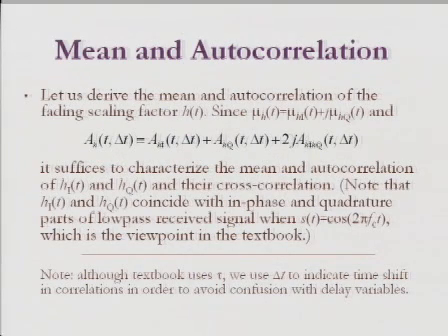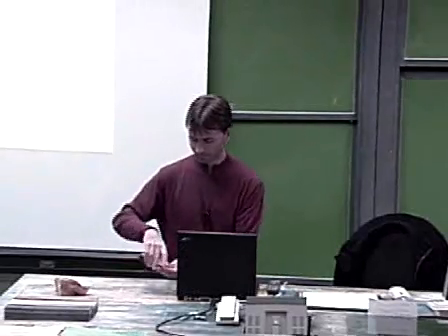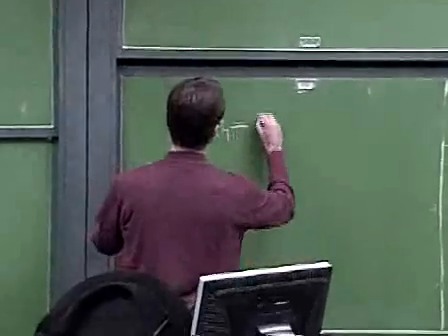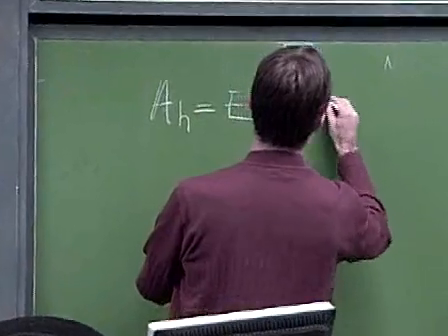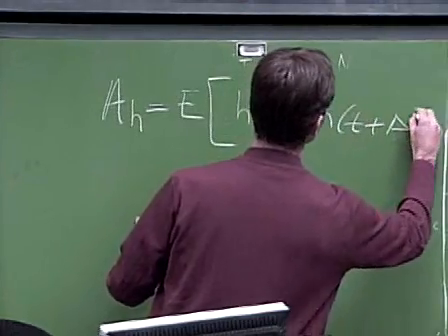Similarly, although maybe not as trivial, we can expand the autocorrelation of H, which is complex, into a function of the autocorrelations of the in-phase and the quadrature. So maybe I'll go over that on the board. The autocorrelation of H is equal to the expected value of H conjugate of t times H of t plus delta t.